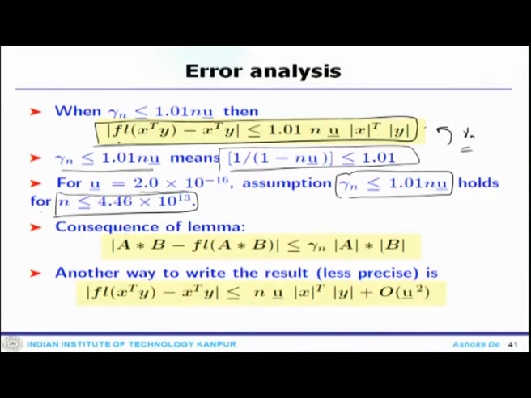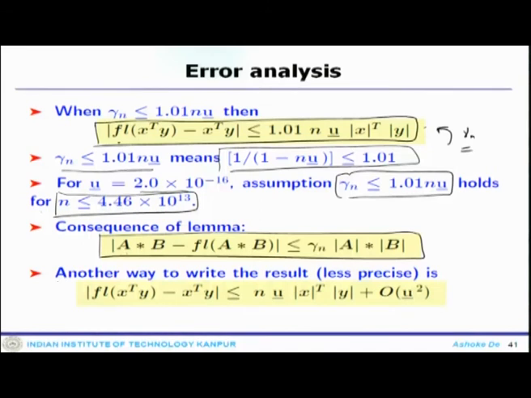So, the consequence of this particular lemma is that |a dot star b, a multiplied with b, minus floating point of a multiplied with b| must be less than or equal to gamma n |a| multiplied with |b|.